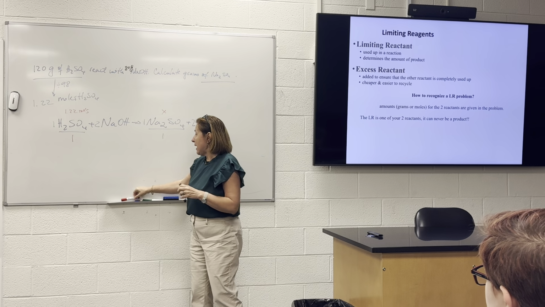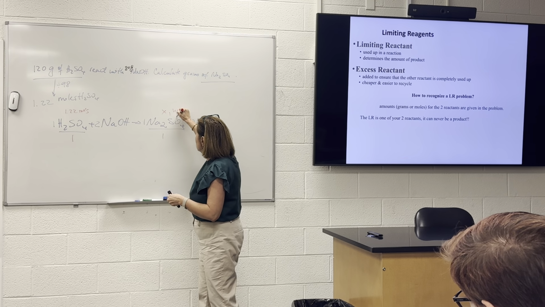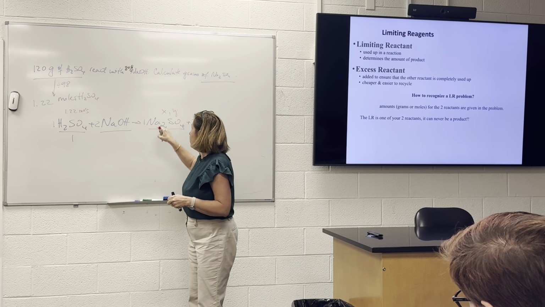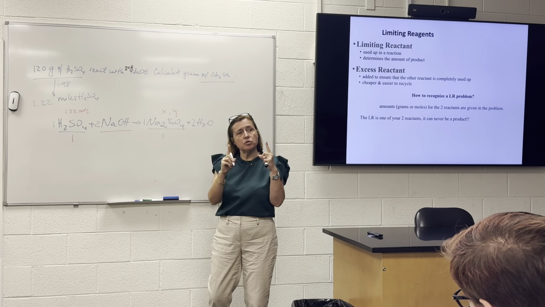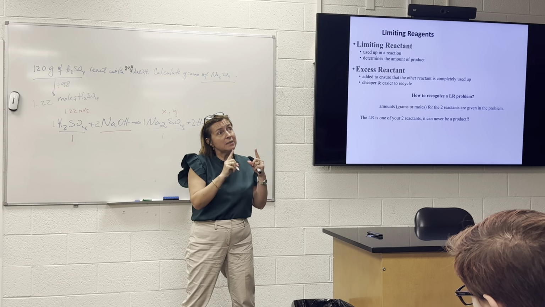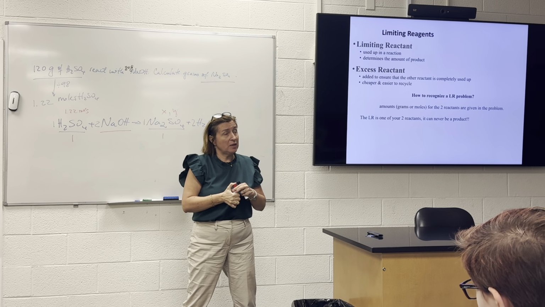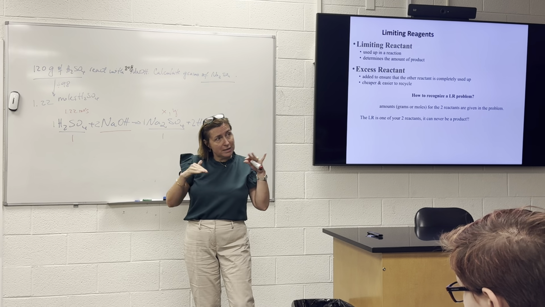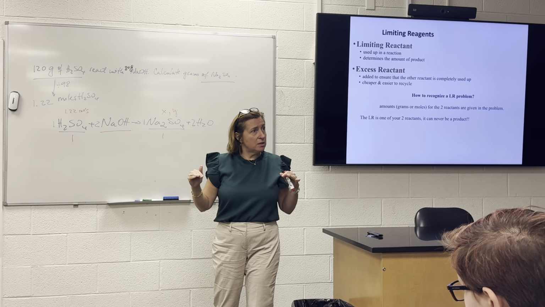You're going to calculate X, and then you're going to calculate a Y based on the NaOH. Between the X and the Y, you choose the smallest. The smallest answer is the correct answer. The smallest answer is the answer that comes from the limiting reagent. So let's solve this like a limiting reagent problem.